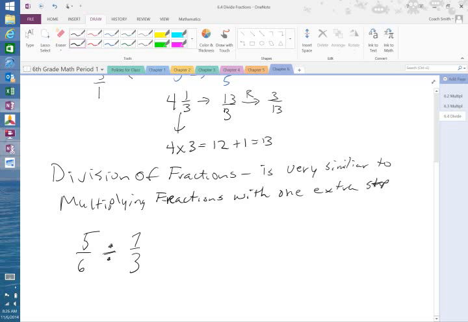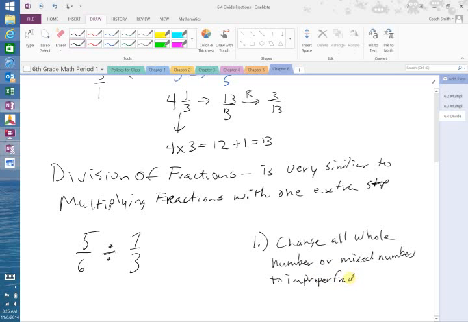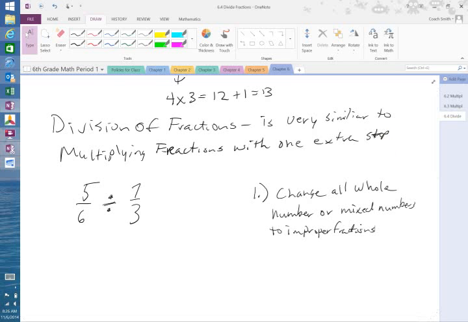Step number 1 is to change all whole numbers or mixed numbers to improper fractions. Okay, that's step 1. Well, do we have any whole numbers or mixed numbers in this problem? No, we don't.